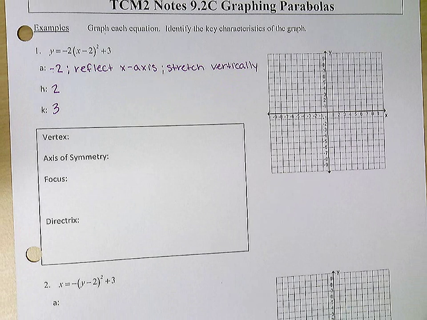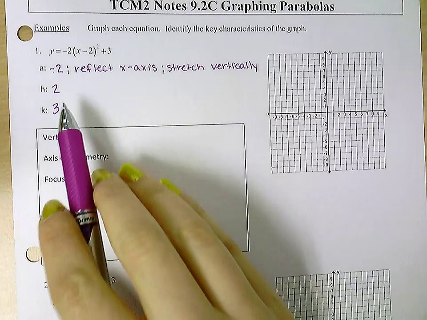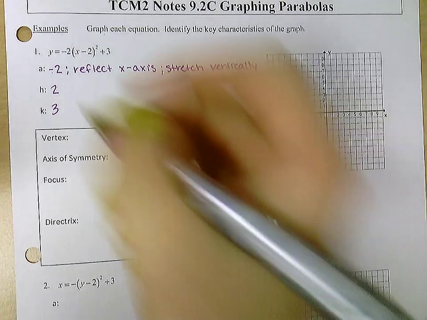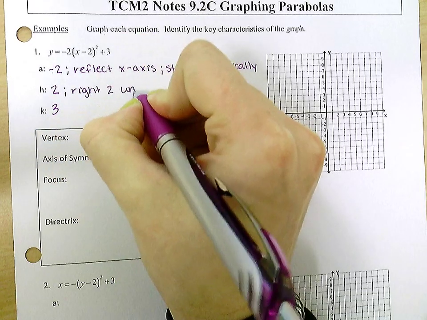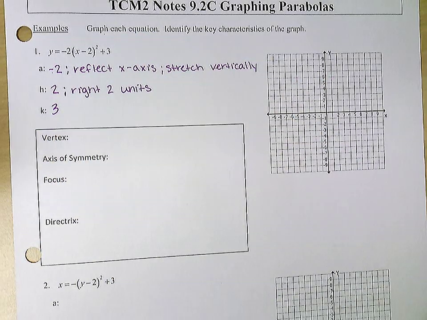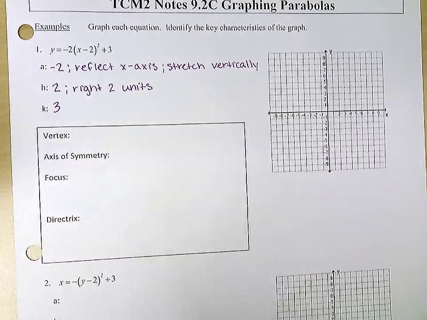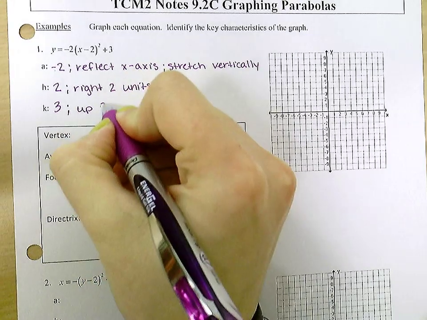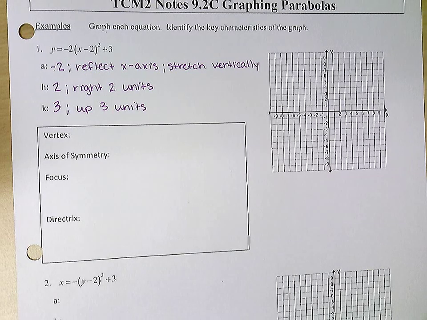Your parent graph is just x squared, and it's going to thin out and stretch up more. This H value is going to move your graph 2 units to the right. And your K value here is going to move your graph up. So this is how your graph moves from that parent function.